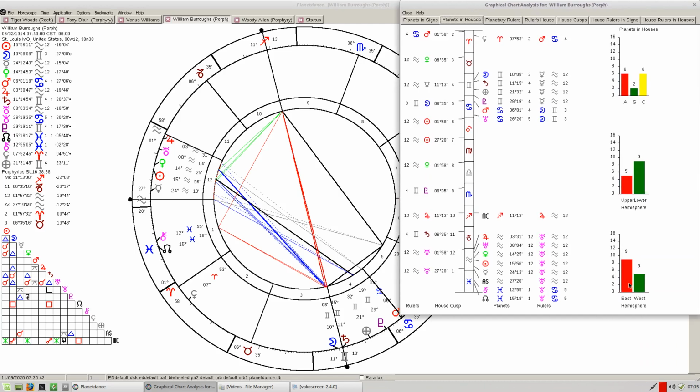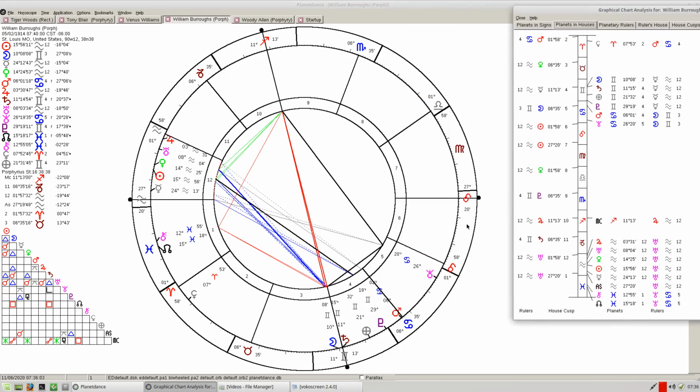And then we have breakdown by east and west hemisphere. So the eastern hemisphere being the half of the chart running from the IC to the MC through the ascendant, and the western hemisphere of the chart being the half of the chart running through the MC to the IC through the descendant.